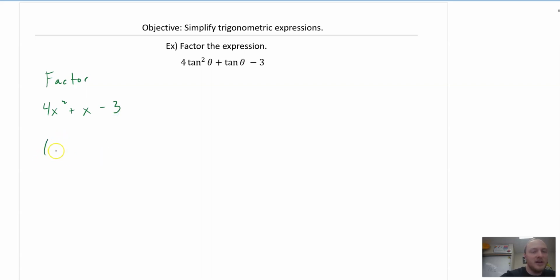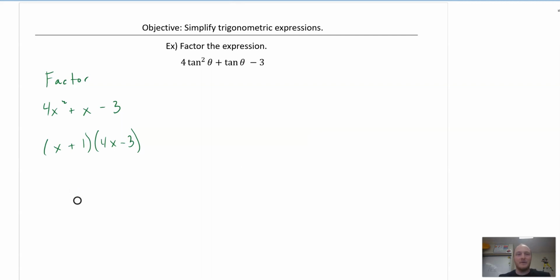You would tell me that, hey, that is x plus 1 times 4x minus 3. So I can go ahead and check this, right? I get 4x squared and negative 3x with a positive 4x minus 3. Yes, okay. So think about it like that.